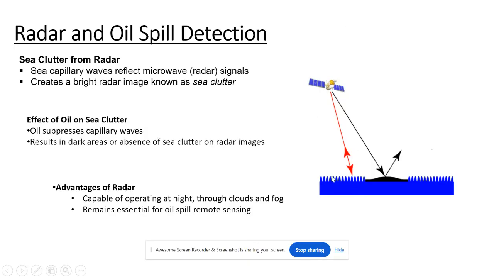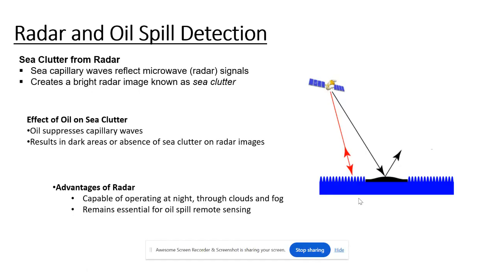So in the sea without the oil, it looks like bright patterns, and this is known as sea clutter.